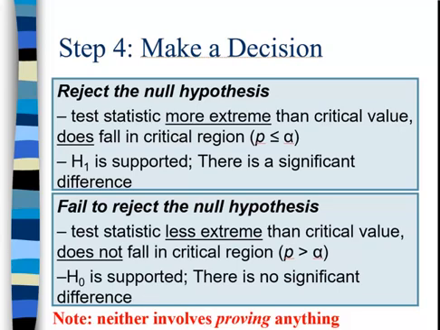And I want to note here at the bottom, right, that if we reject the null hypothesis, it doesn't mean that we've proved something. For myself and maybe a lot of other professors that are very serious about science, the idea of proving something with an experiment makes our hair stand up on end.